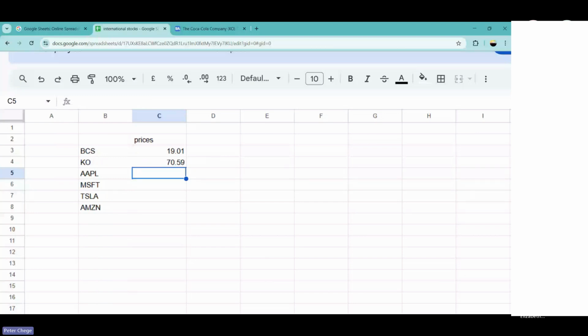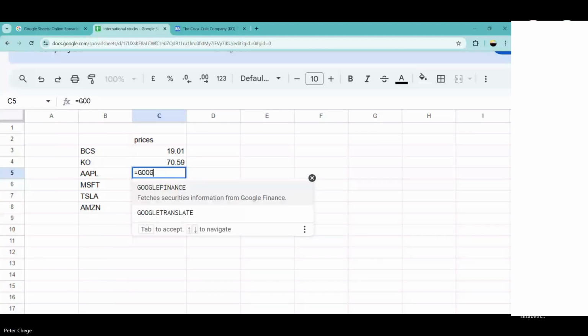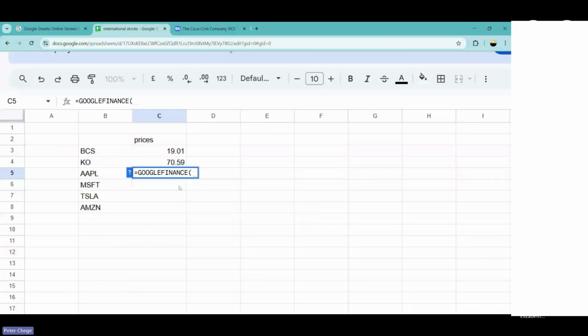Now you can even go further and say equals GOOGLEFINANCE. You can see it's already a formula on Google Sheets. Instead of using open quote, then the name, you just click on the code. Then you close your bracket, enter.